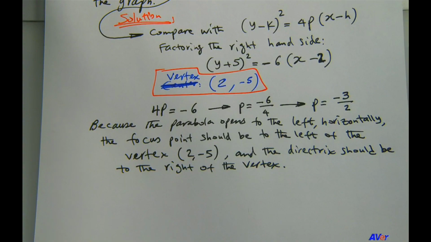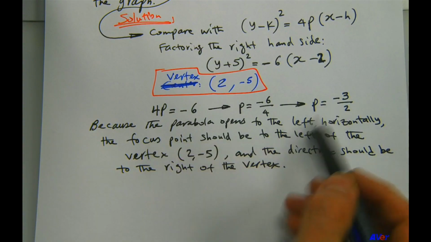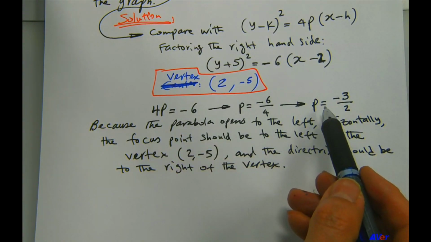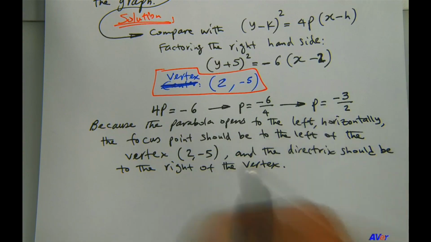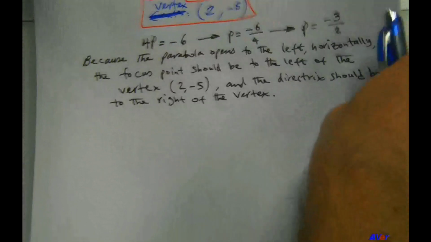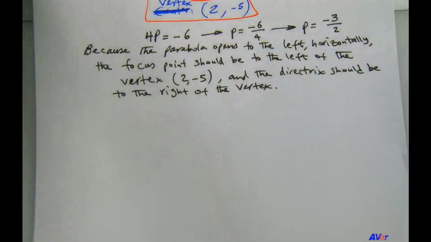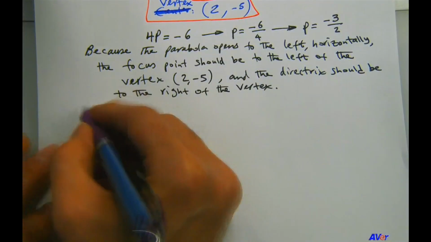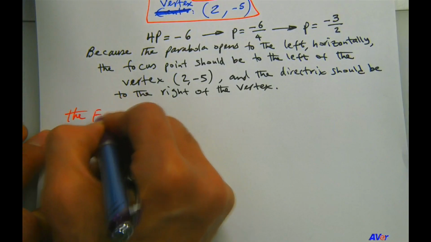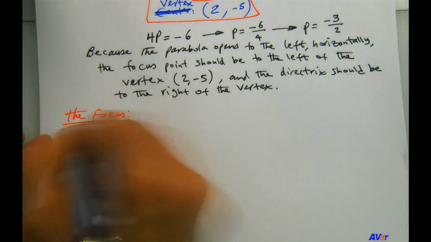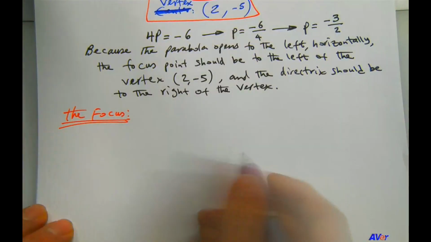Okay, so we now know that. What else do we need to know? Okay, so let's find out where the vertex and the focus and the directrix are, and then we can sketch the parabola. So the focus, this is a horizontal parabola, right?